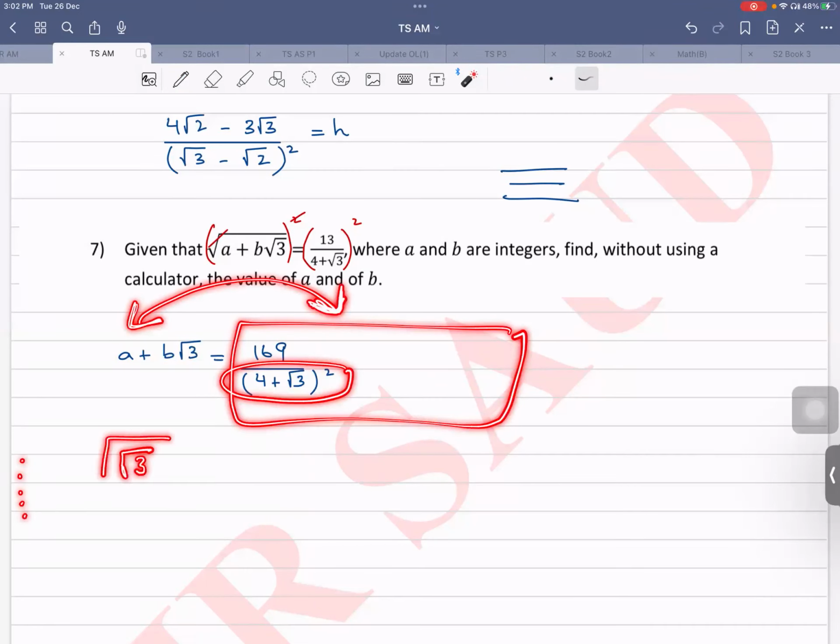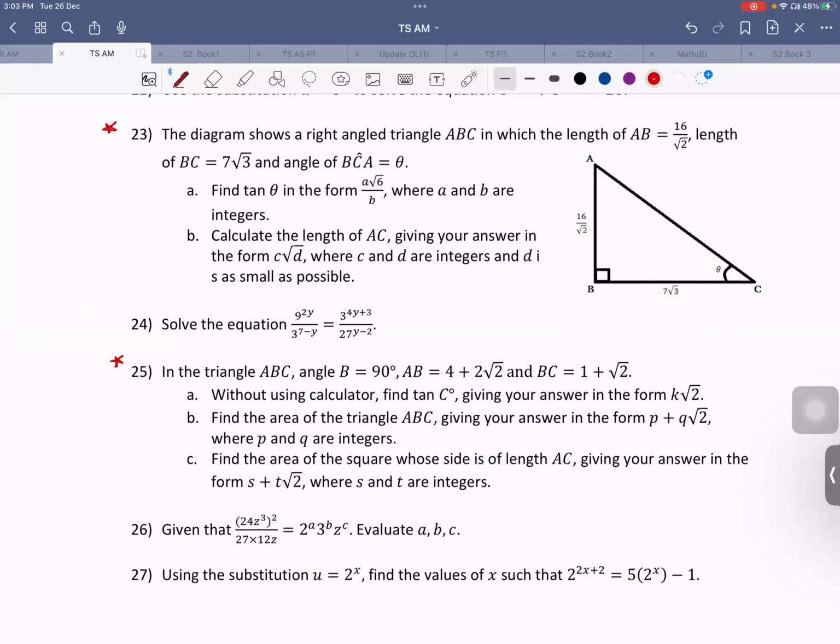Yes, that's it. 21, 23, and 25. Your deadline is Wednesday, 3 p.m.